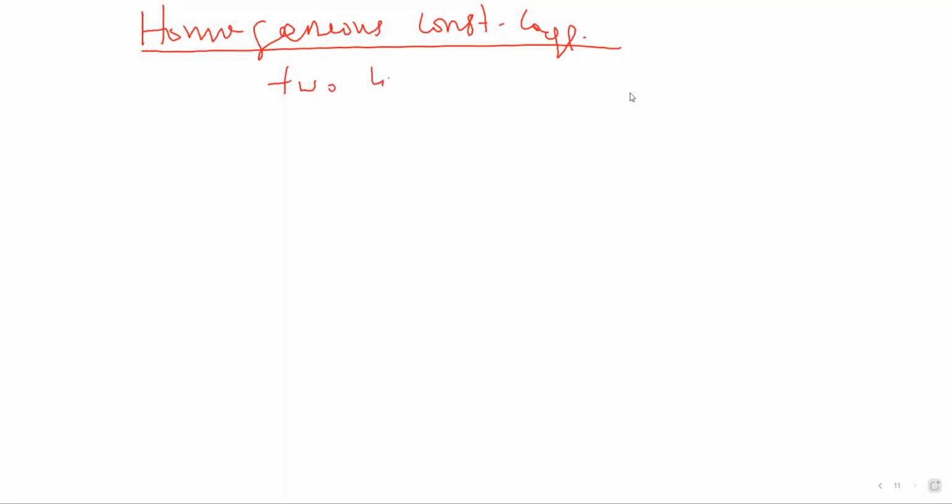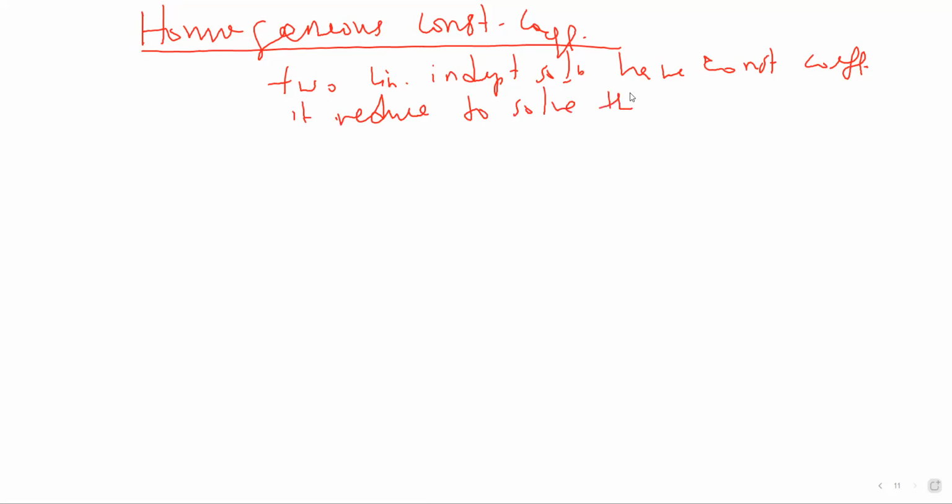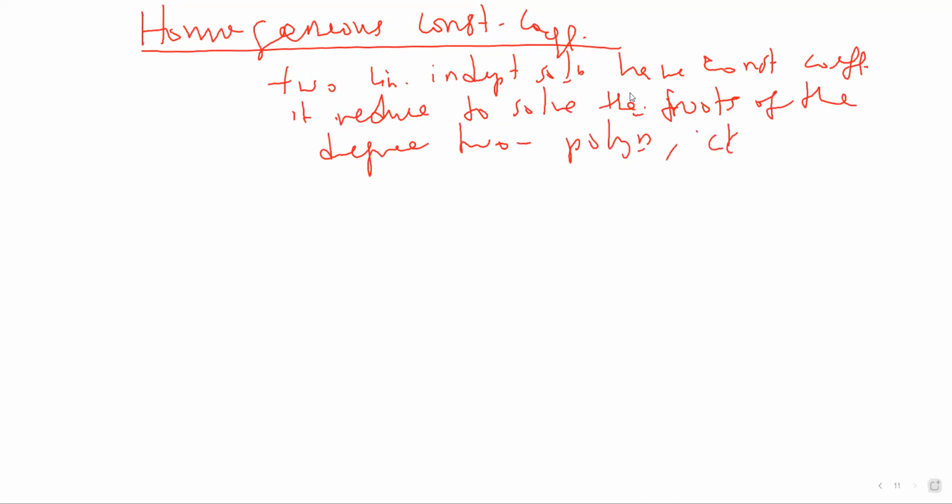So we say if two linearly independent solutions have constant coefficients, we are able to reduce it to solving for the roots of a degree 2 polynomial, called a characteristic polynomial.